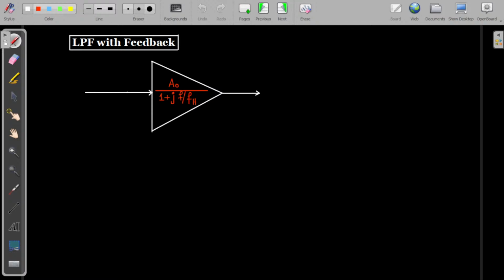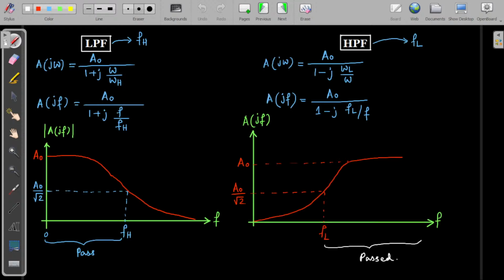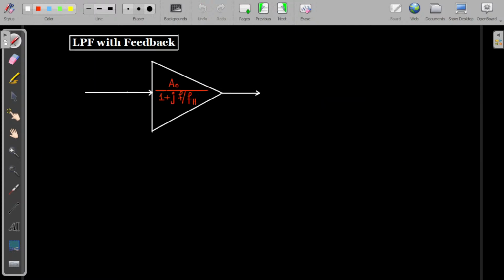This is the basic amplifier right now. The gain of the basic amplifier will be this equation only, that is A0 by 1 plus jω by ωH. That's why I have written A0 by 1 plus j f by fH.